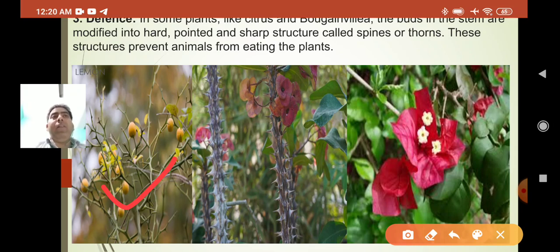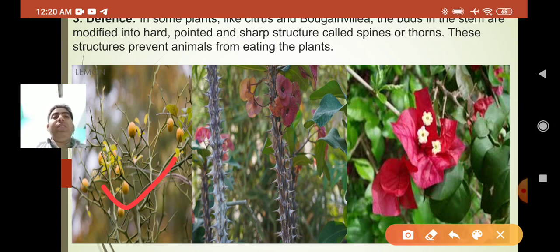Lemon and orange are the citrus fruits. In guava the spines are not found, but in lemons and oranges spines are found.